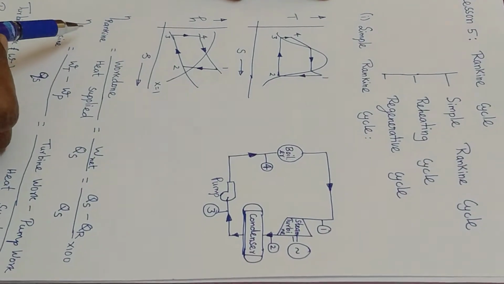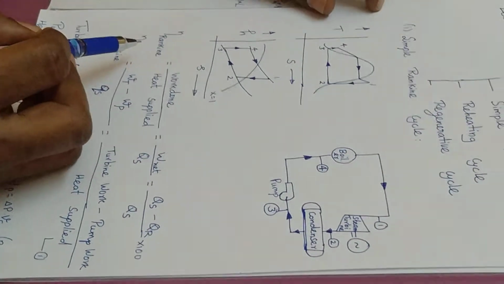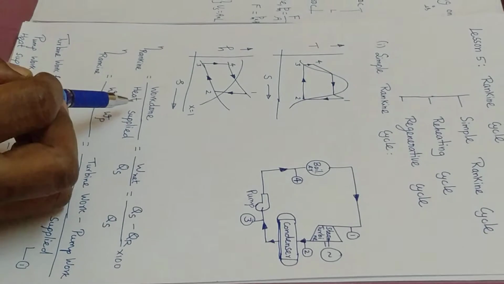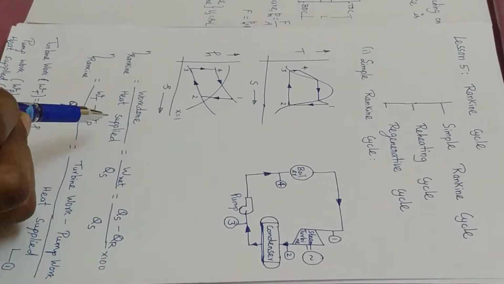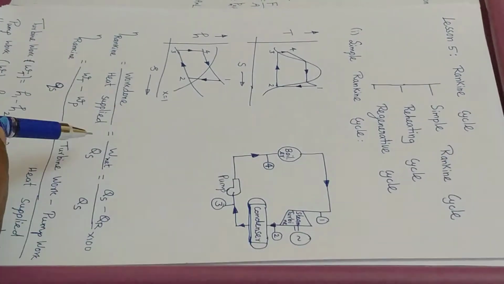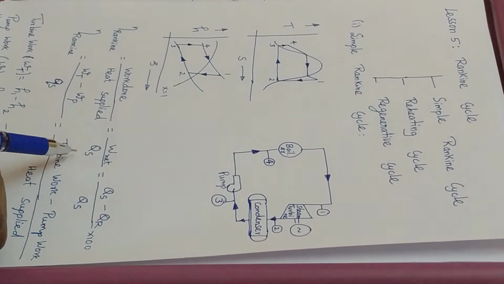Now let us see how to find the efficiency of a Rankine cycle. It is as usual work done by heat supplied. Here work done means net work done by heat supplied.